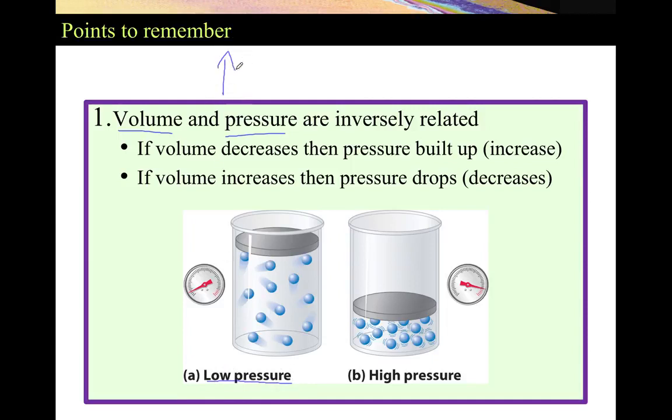So basically, high volume implies low pressure. Now, if you take the same container and limit the volume within that container, the molecules are much closer together, which means they exert more pressure on each other, and therefore the pressure builds up. So by decreasing the volume, there is a build-up of pressure.